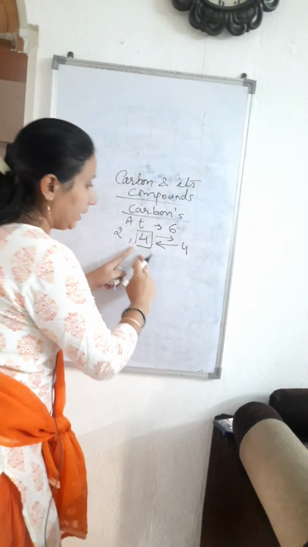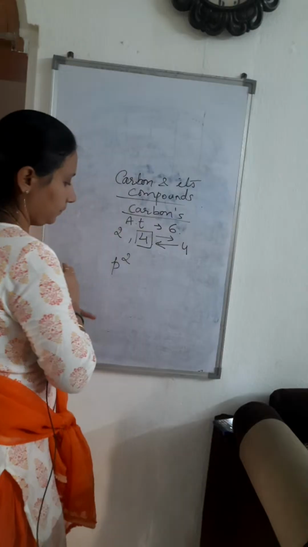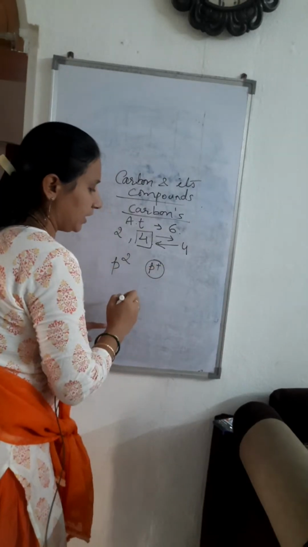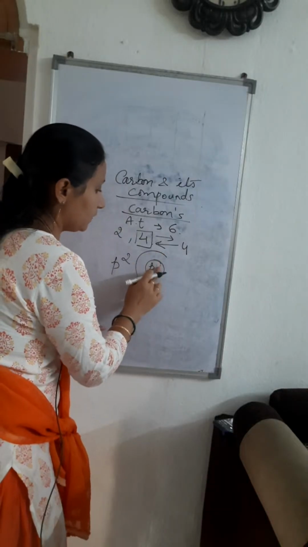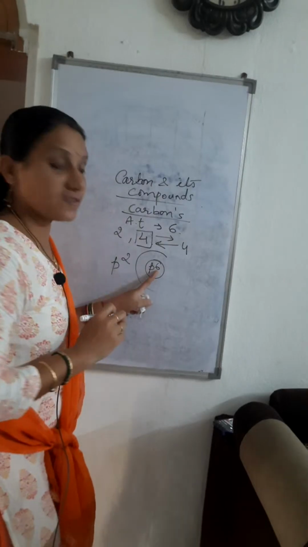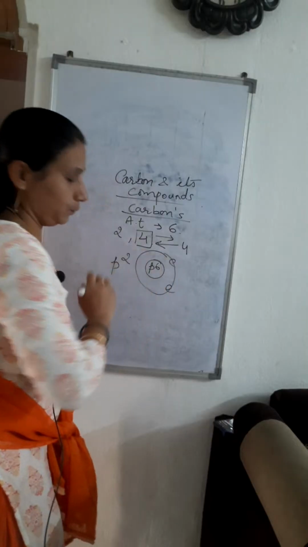If it donates 4 electrons, it will be left with only 2 electrons. That is, its nucleus will have 6 protons, because the protons are not changing, but here there are only 2 electrons.